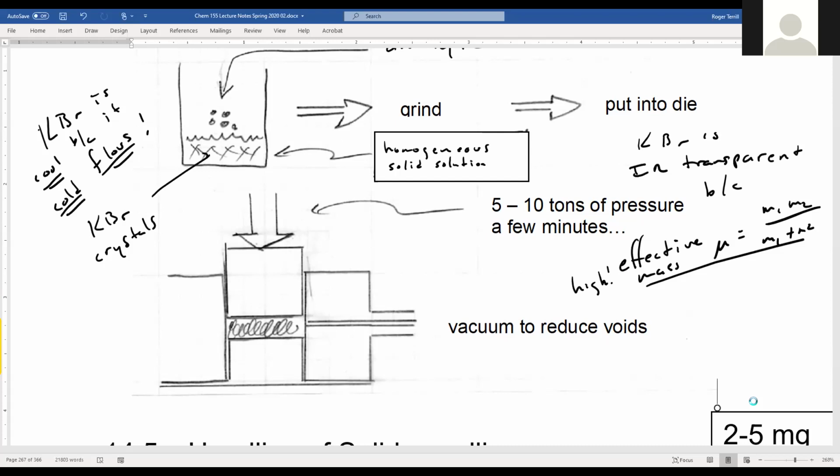It's not covalent. So the frequency is proportional to the square root of K over mu. So because K is relatively small and mu is relatively large, the KBr stretching frequencies are way into the far infrared.